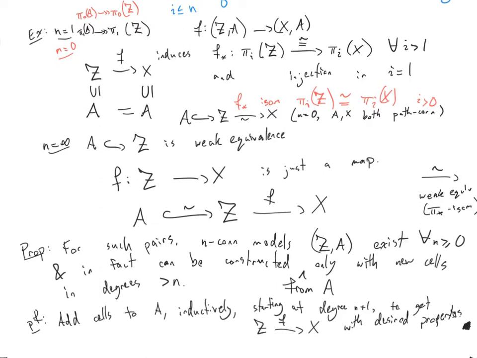And provided you can do your inductions going up, and you know that adding additional cells is only going to alter things one degree down, you can customize your cells to be whatever you want, and customize this map to be whatever you want. So this is essentially all that constructing a CW approximation to X that looks like A up to degree n, and then looks like X above degree n, which is what Z is.